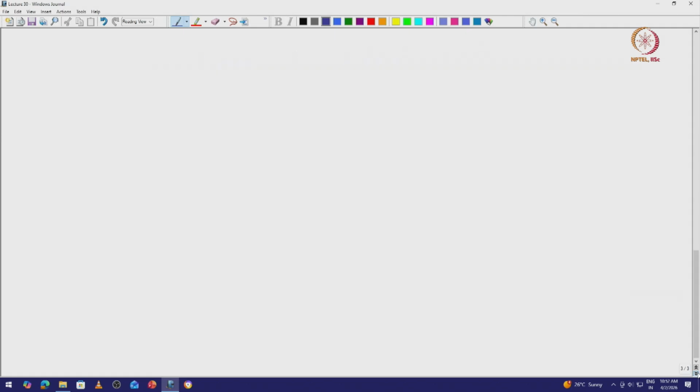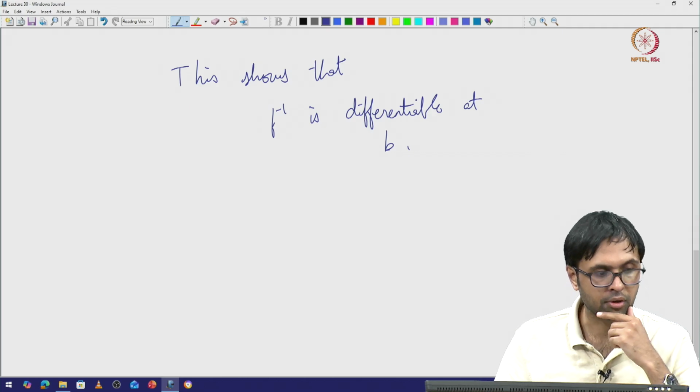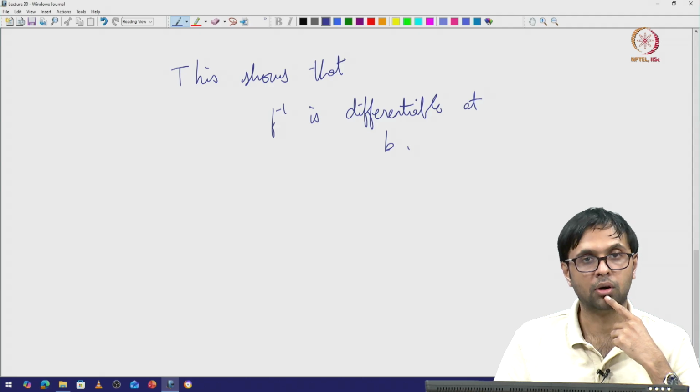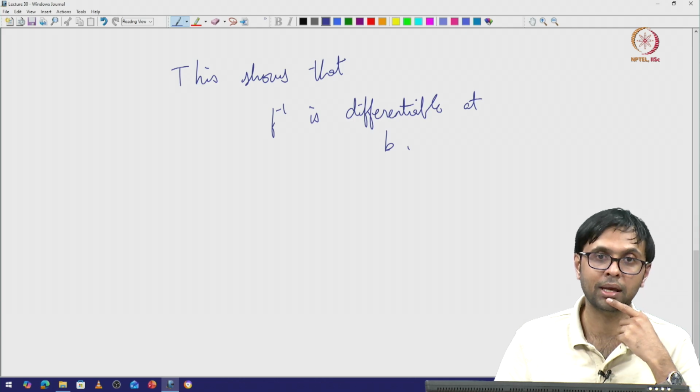So this shows that f inverse is differentiable at the point B, right? Now, B is arbitrary. The same argument applies for any B, which lies in the domain for F inverse.